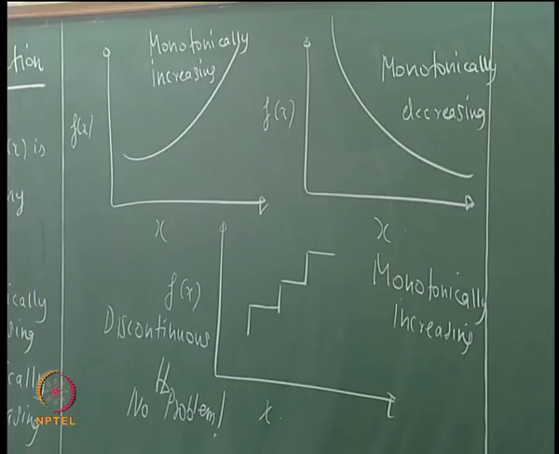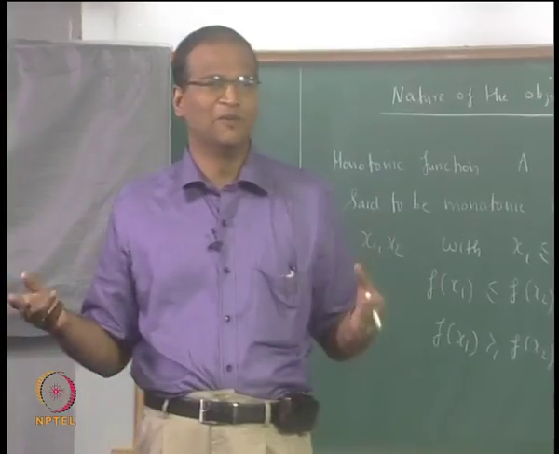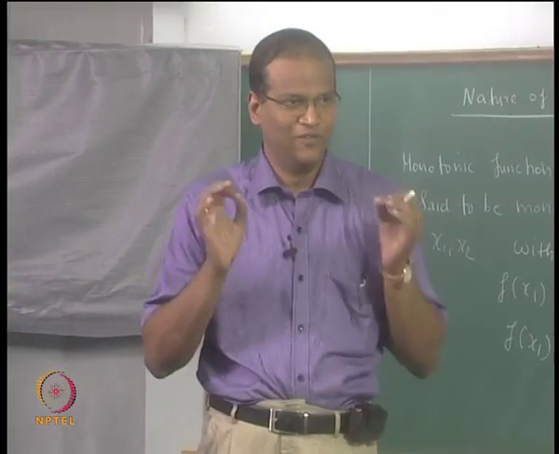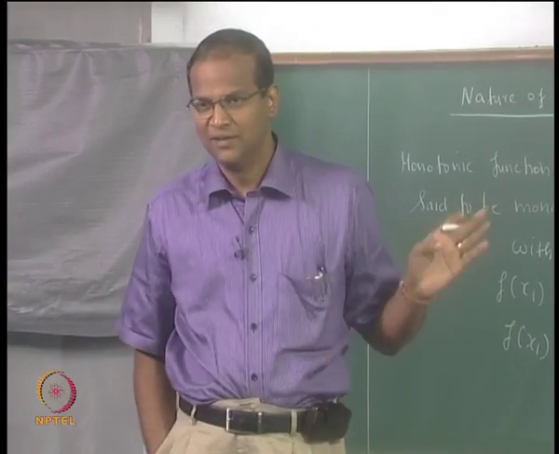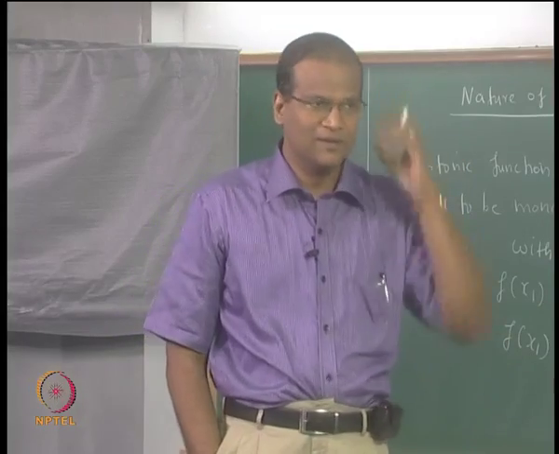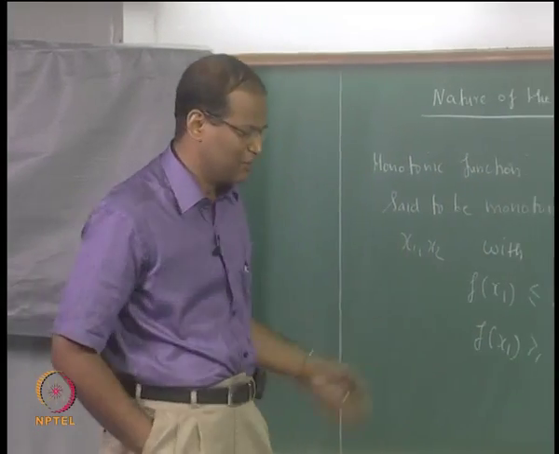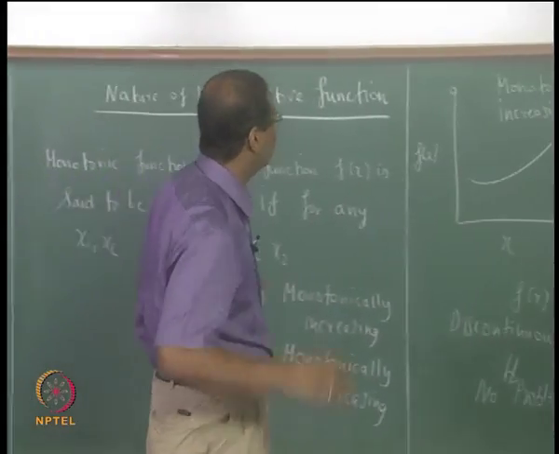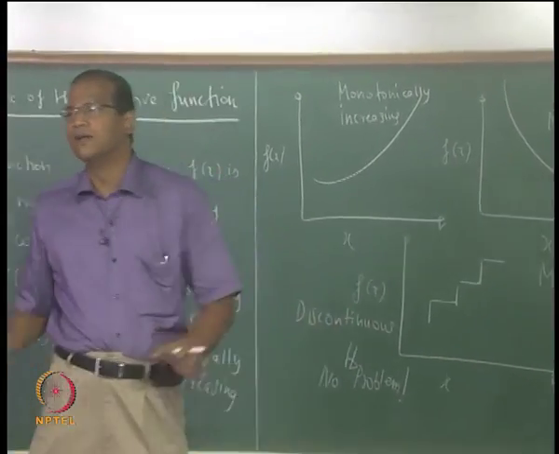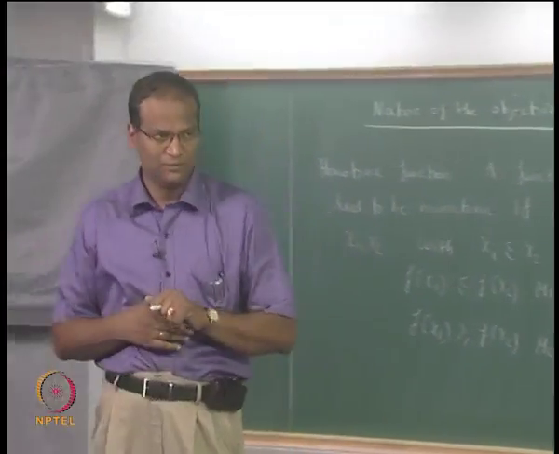It depends on what they have taught you as continuous. For me, if there is a value of x, there should be a unique value of y. Any other definition I will not accept, the greatest of mathematics professors can tell me. There should be unique values, isn't it? Differentiability and other things will come later. I am coming to that, whether it is differentiable or not. So this is with regard to monotonicity.